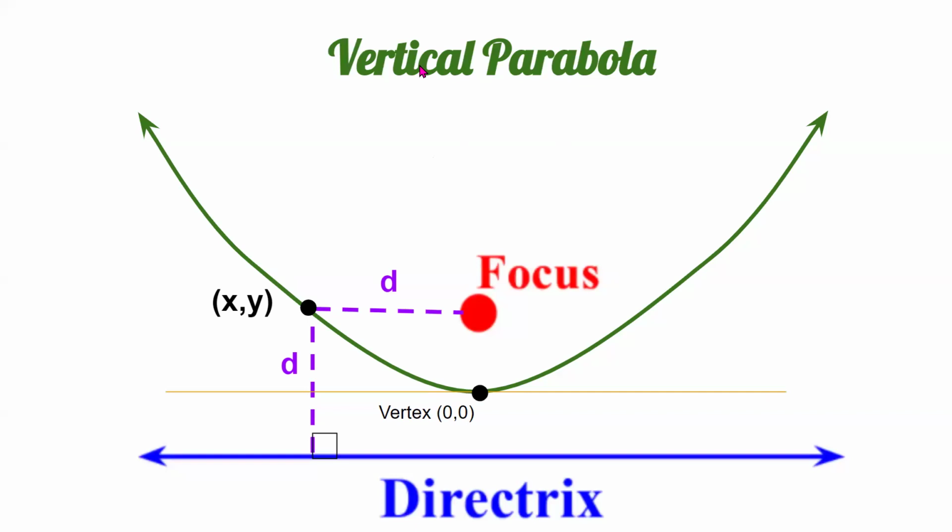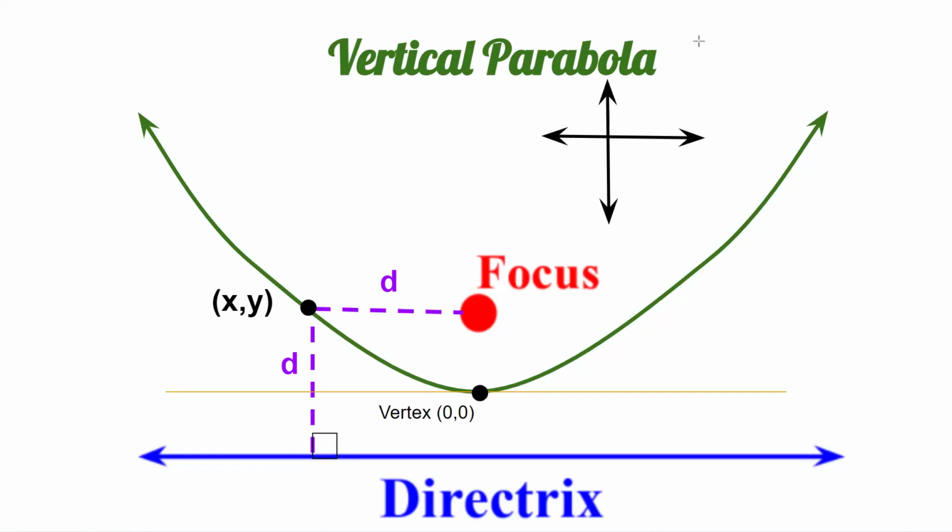Now, we have two axes, right? We have our x-axis, let me draw one right here, and our y-axis. Our x-axis is the horizontal line. Our vertical line is opening vertically, basically up and down.